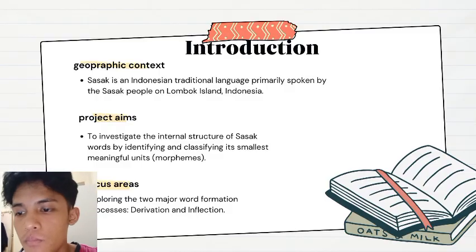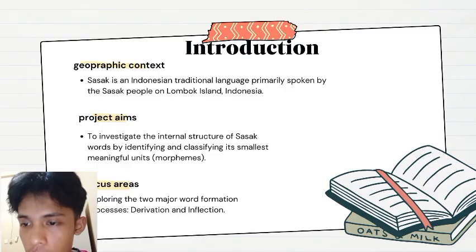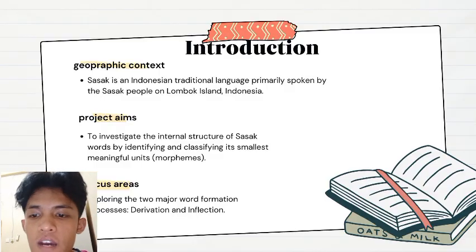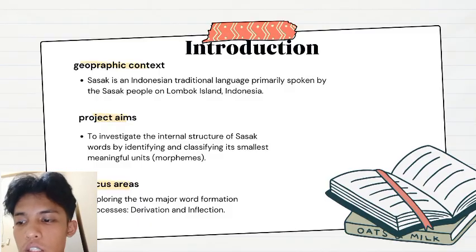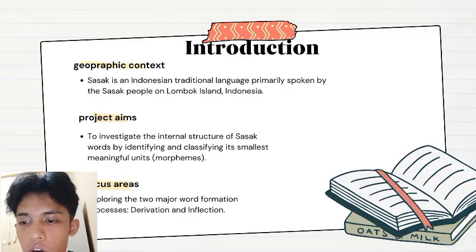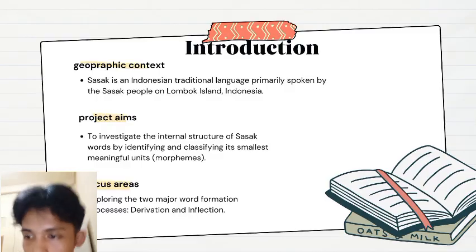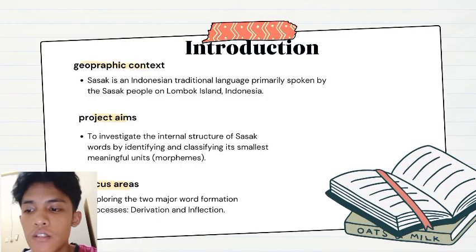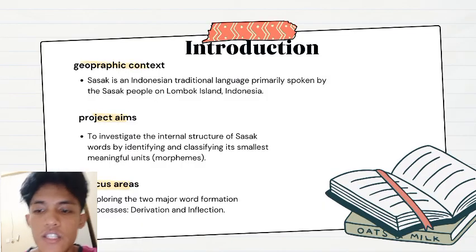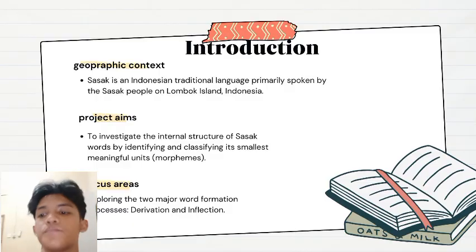The central aim of this study is to investigate the internal structure of Sasak words by identifying and classifying their smallest meaningful units, known as morphemes, through the collection and analysis of representative words. This paper will explore the two major word formation processes in Sasak: derivation, which creates new words and often changes the word class, and inflection, which adds grammatical information.